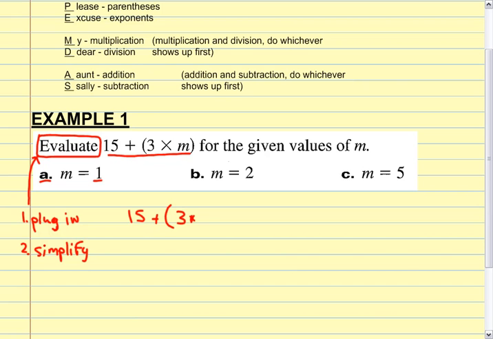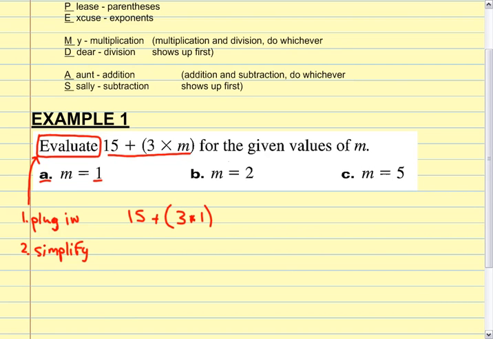I usually put a little asterisk there because an x looks like a variable. We're not going to really use that much anymore. The book might sometimes, but we're going to put an asterisk. 3 times what? I'm not going to write m there. What am I going to write there, Aiden? 3 times 1, because in this problem they said let m equal 1.